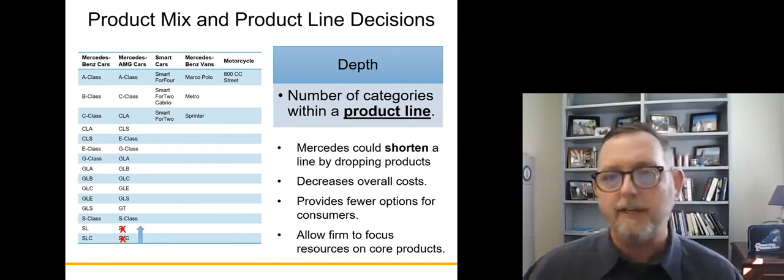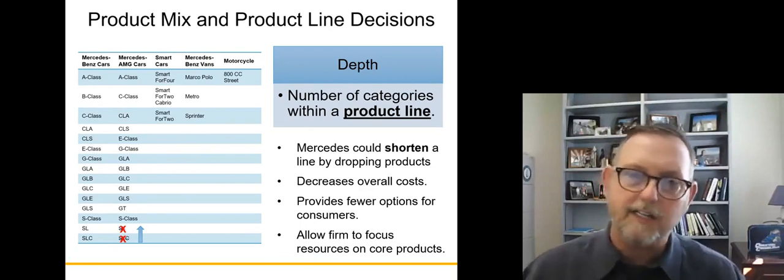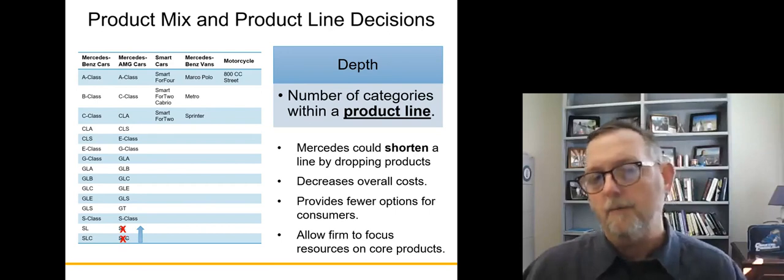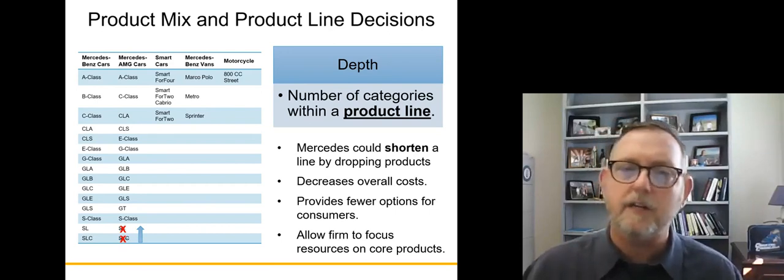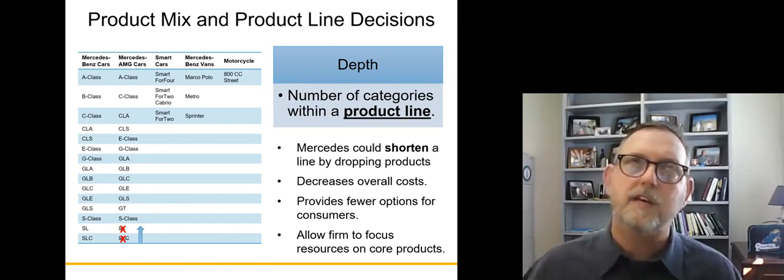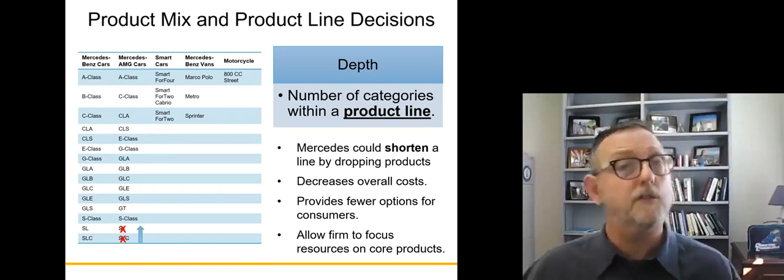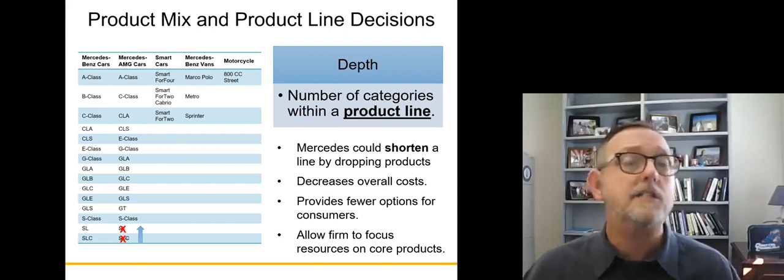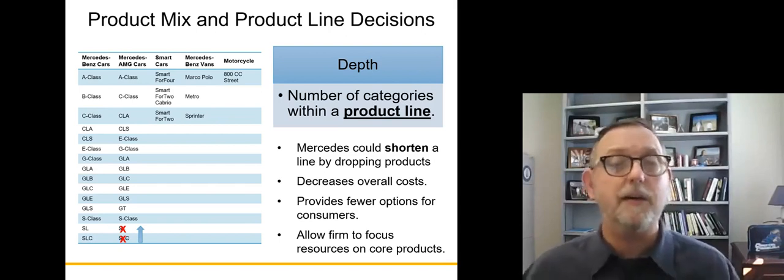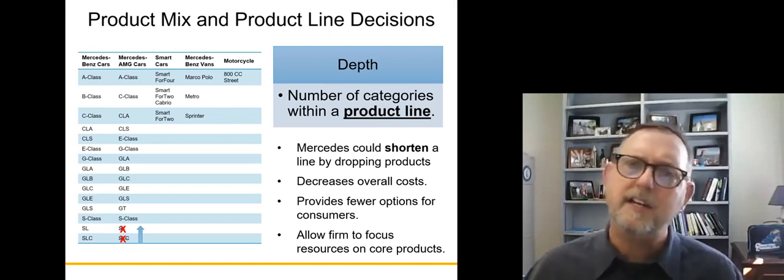And then the other thing, of course, we can do, as you can imagine, is we can shorten the line. Again, this is another contraction concept. If we see some of our products aren't really selling well within a line, maybe we've diluted the line too much. Maybe we have too many products. Again, the benefits here are we save costs and we are able to focus better.